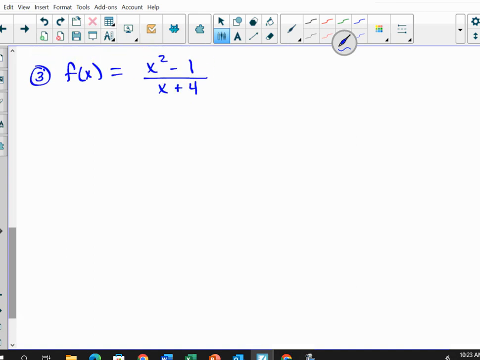So I want you guys to do the whole thing this time. See if you can get the graph. We want to know, is there a hole, vertical asymptote, horizontal or slant, intercept, circle.